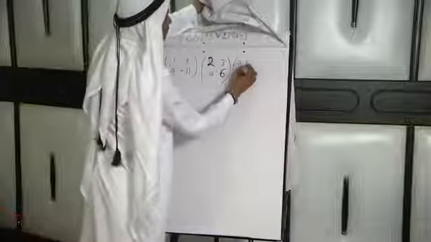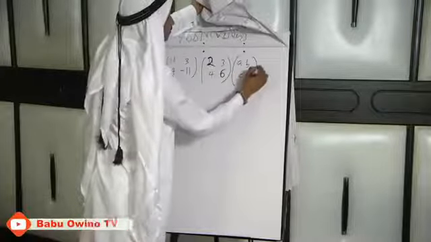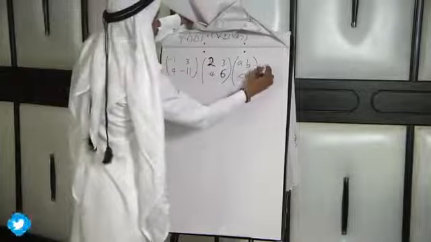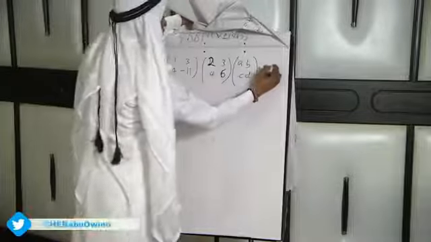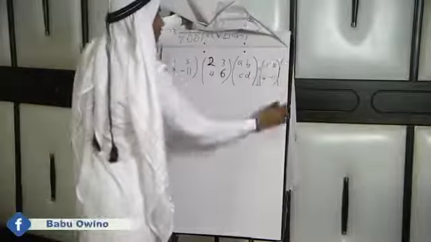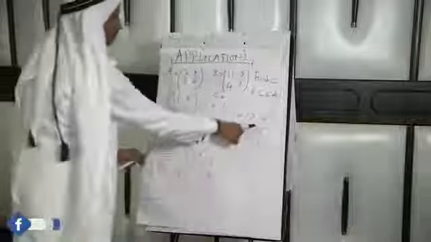And then we have A, B, C, D. And again, you pre-multiply this, which is minus 1, the inverse, 4, 3, minus 11. You pre-multiply it with this.